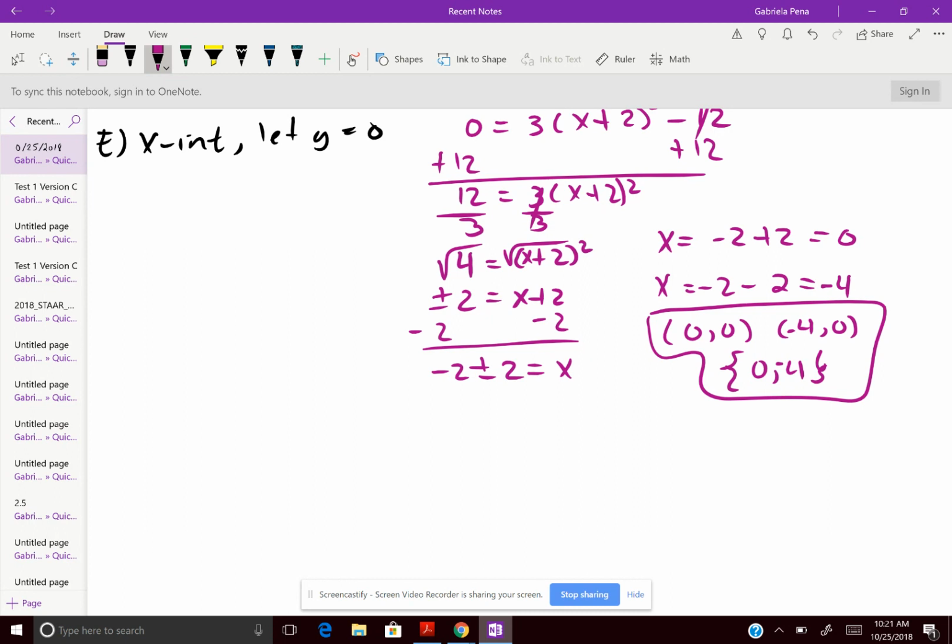All right. Are we okay with why it's -4 and -2? Two negative numbers. Because remember, it could be a plus. When you do the square root, it could be a plus or minus. And then the 2 being subtracted, it's -2 minus 2, which is -4.